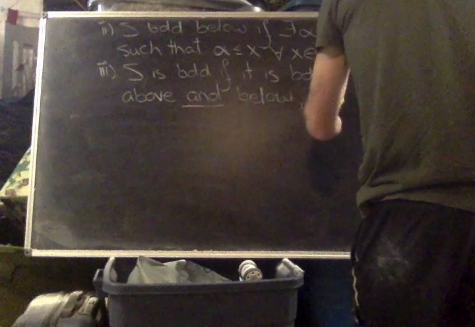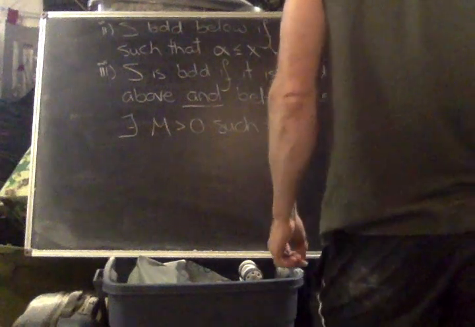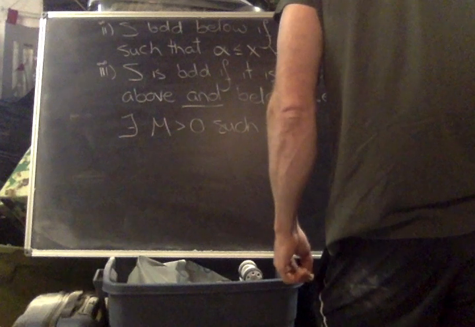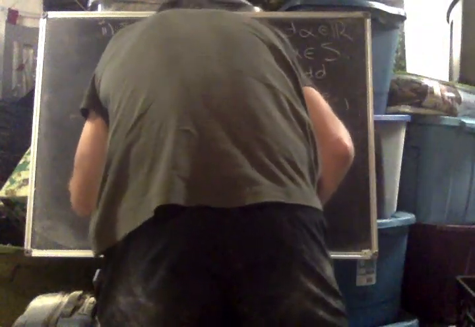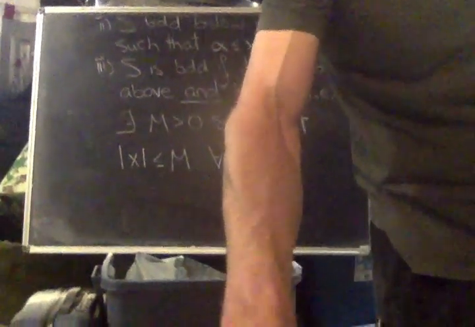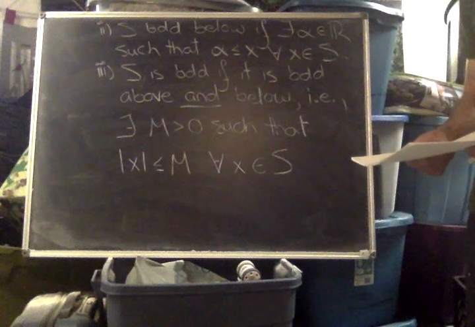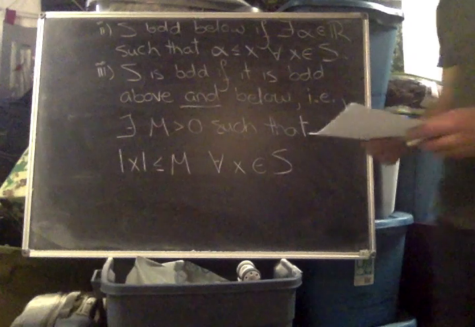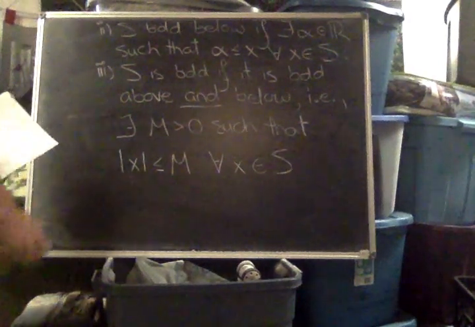Say, i.e., there exists some, I don't know, m greater than 0 such that the absolute value of x is less than or equal to m for all x in S. That's another way to put it. So that's bounded above, bounded below, and bounded.